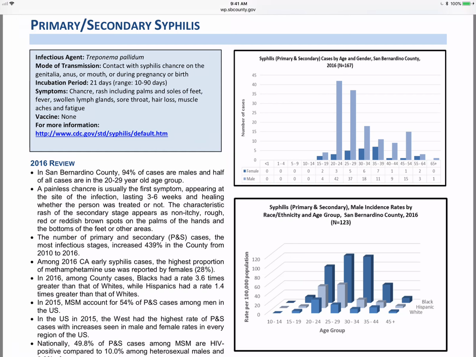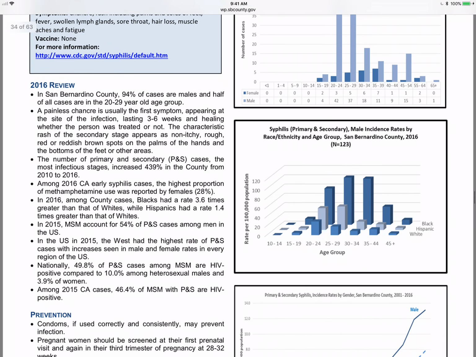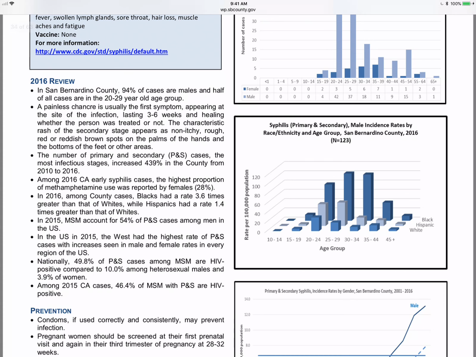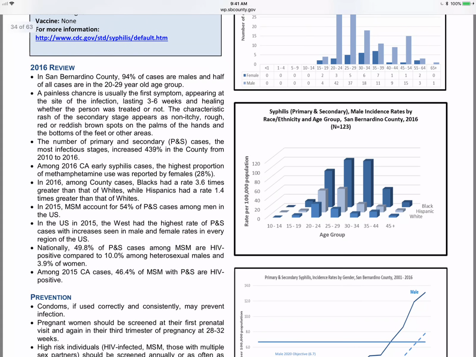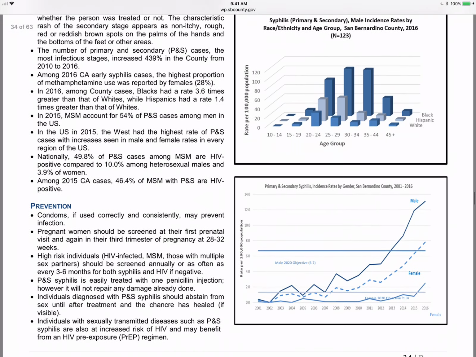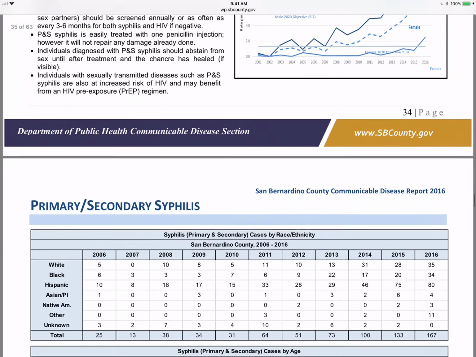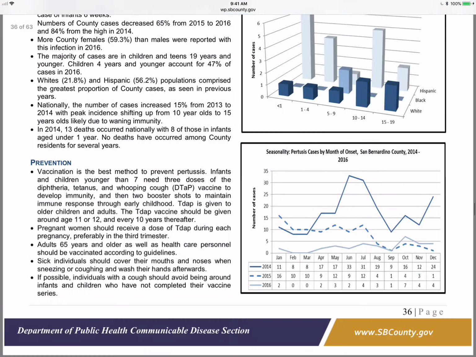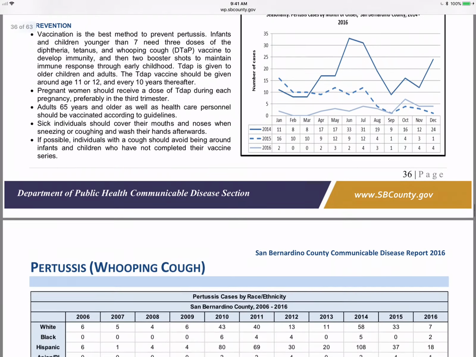You can see the ages and where that really starts to kick in, the difference between males and females, and a striking difference also between the different race ethnicities, white, Hispanic, and black. White, Hispanic, and black is often the three main race ethnicities, but every once in a while you'll see a table that pulls in another group that's at high risk. So pay attention to that when other race ethnicities are included.